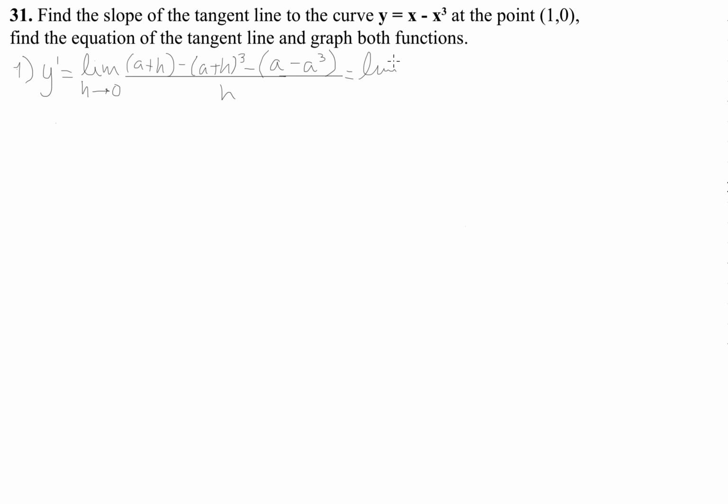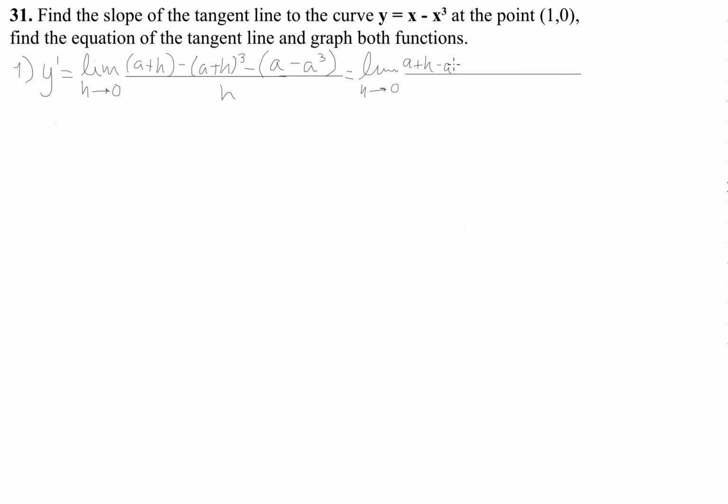So this is the limit when h is approaching 0. We draw another horizontal line for the fraction, for the division. And this is going to be a little bit longer. So a plus h minus, and then I'm going to change all of the signs on the same step.